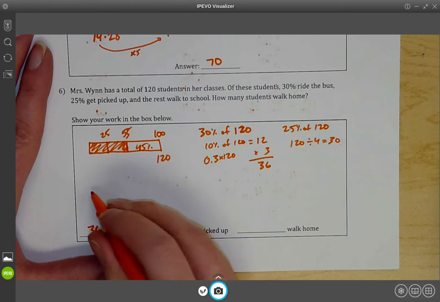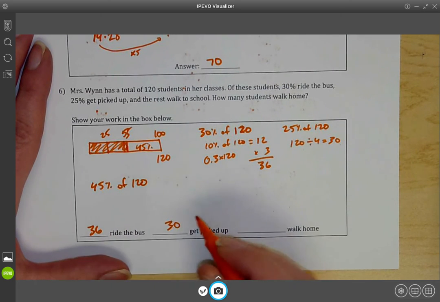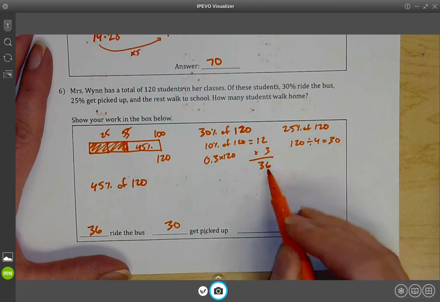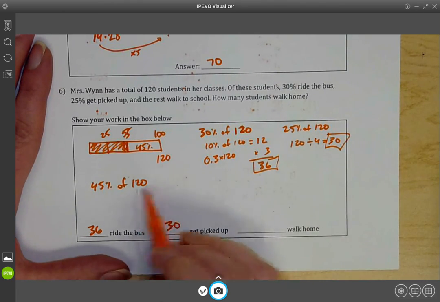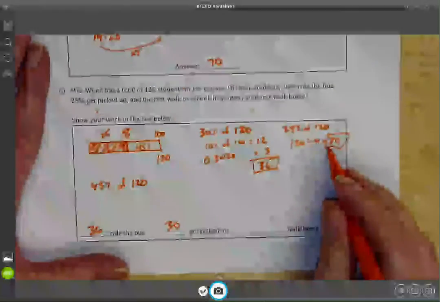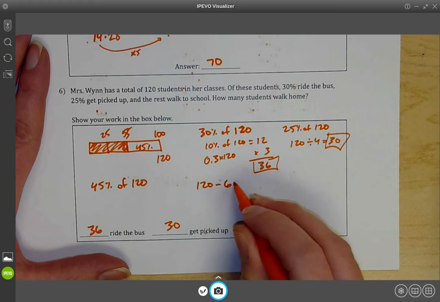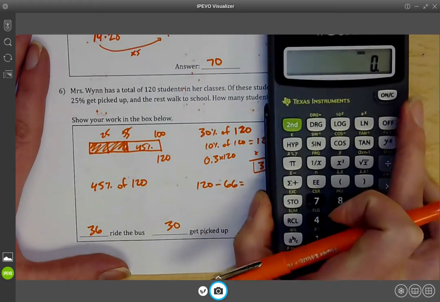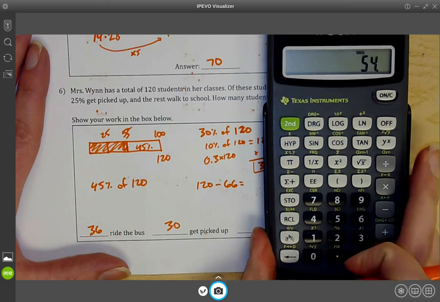The rest of the 120 students are going to be walking home. So I can either look for what is 45% of 120, or I can add the numbers that I already know and subtract that from 120. So let's do this both ways. 36 plus 30 means I'm going to take 66 away from 120 to get 54.